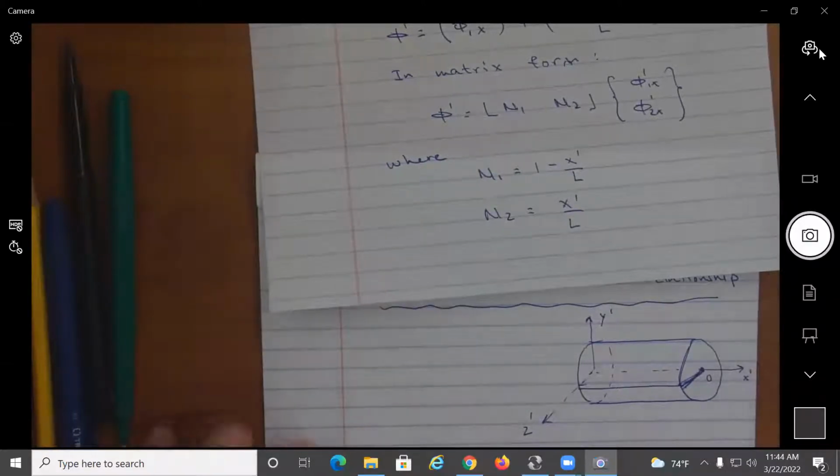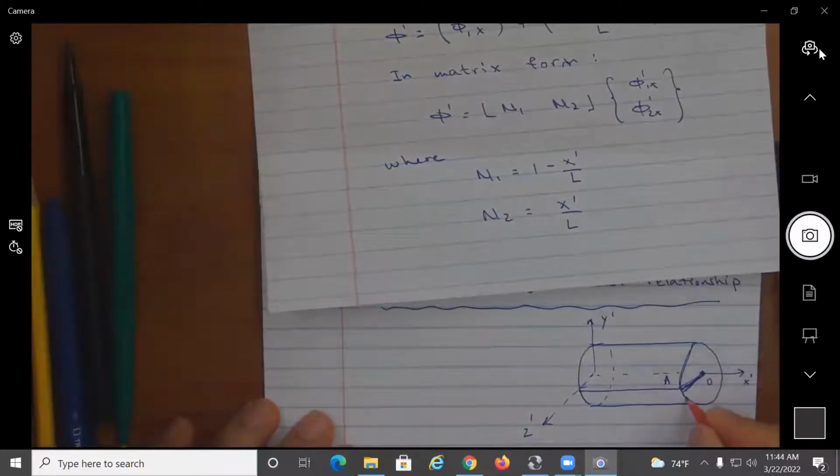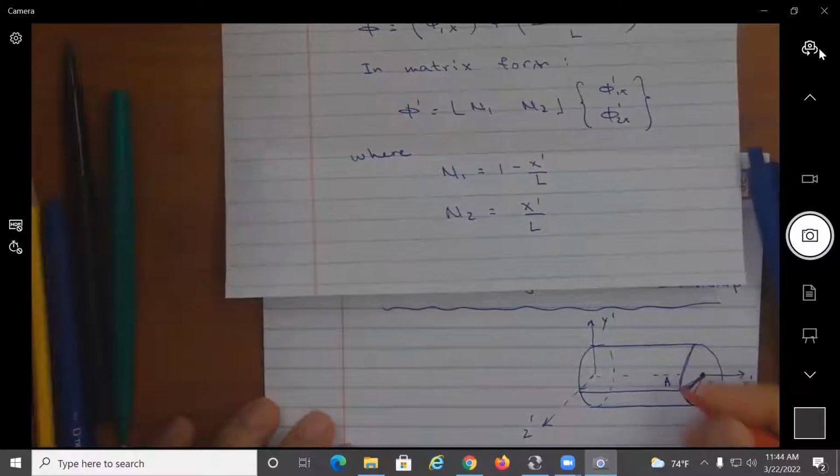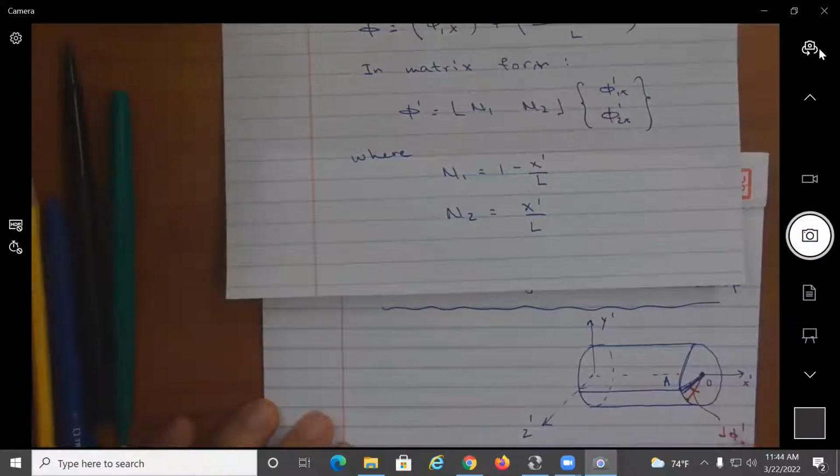After this goes in twist, the point A here is going to move and become B, going through an angle of twist. This angle here would be d phi prime.